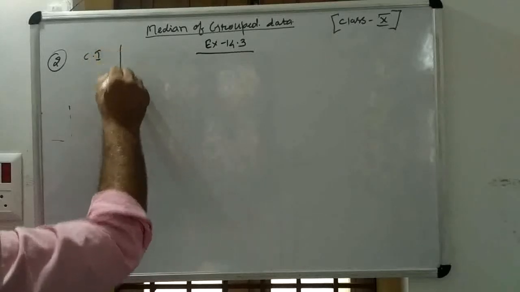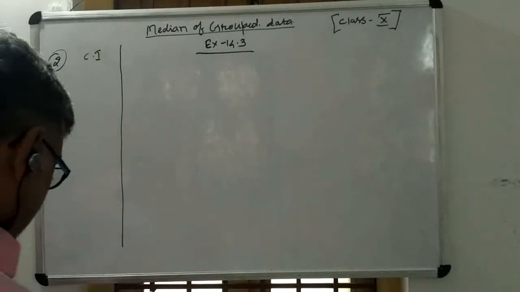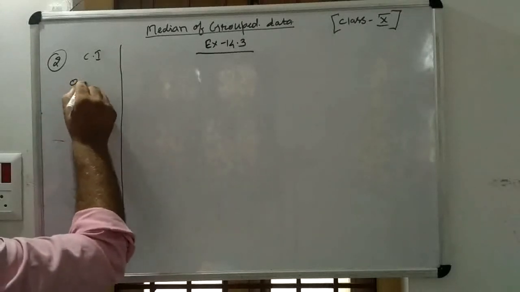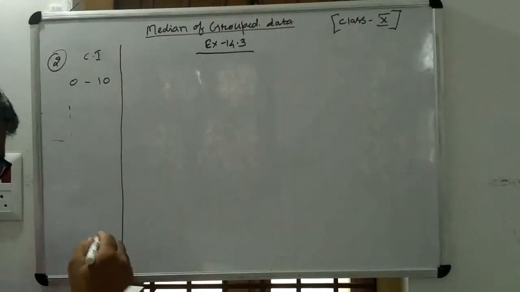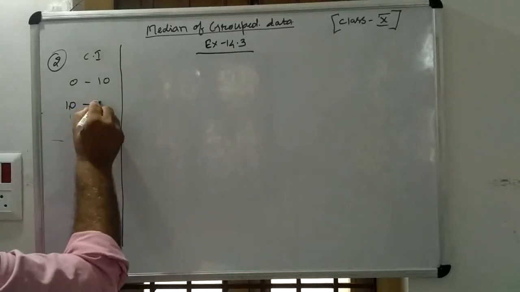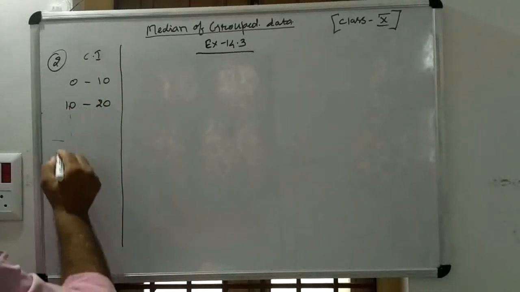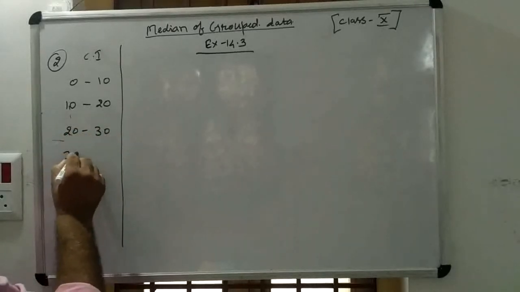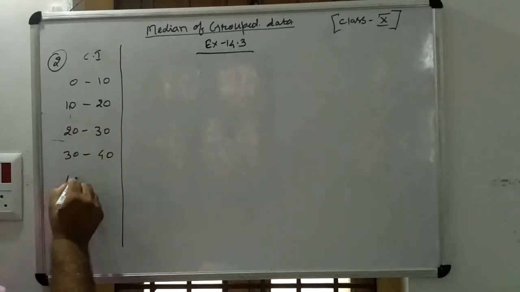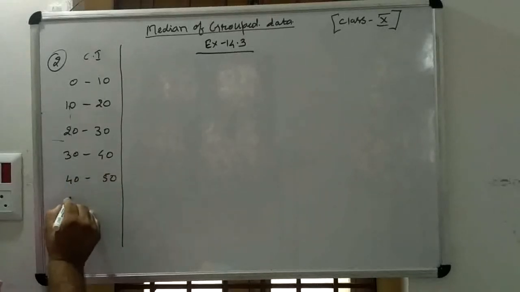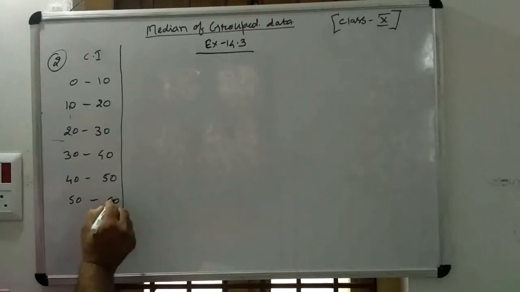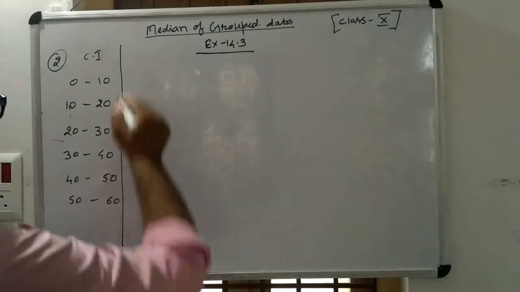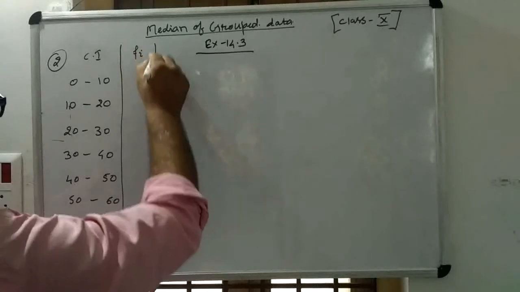This is a very important question, and such types of questions are asked in examinations. The class intervals given are 0 to 10, 10 to 20, 20 to 30, 30 to 40, 40 to 50, and 50 to 60, which is the last.